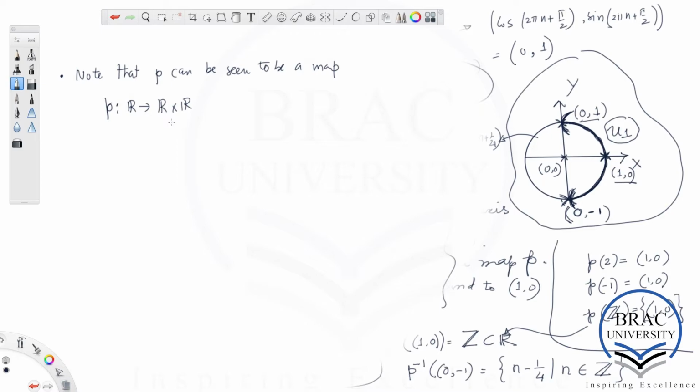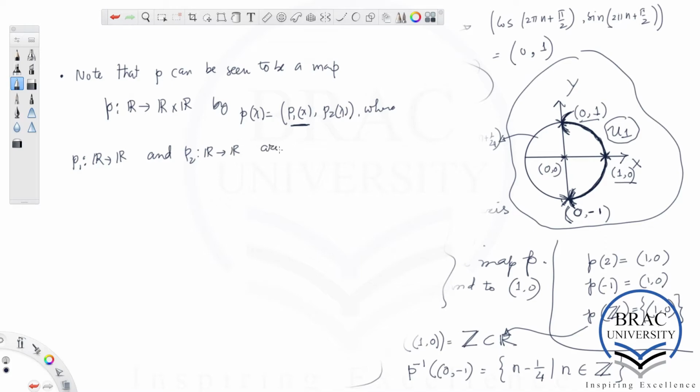It's given by P of x equals P1 of x comma P2 of x, where P1 is a map from R to R, the x-coordinate map, and so is P2.